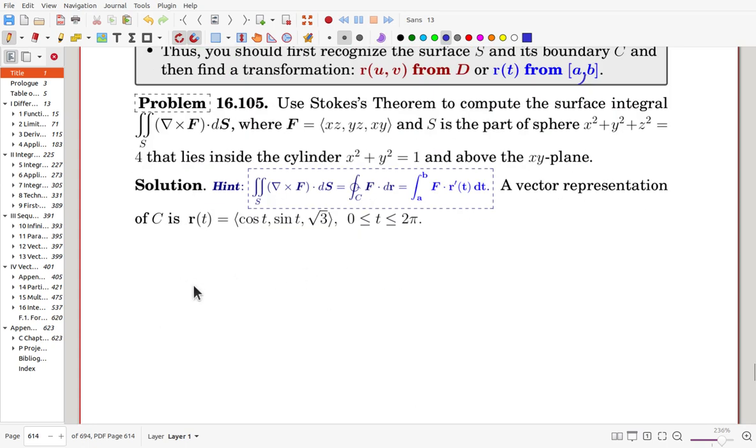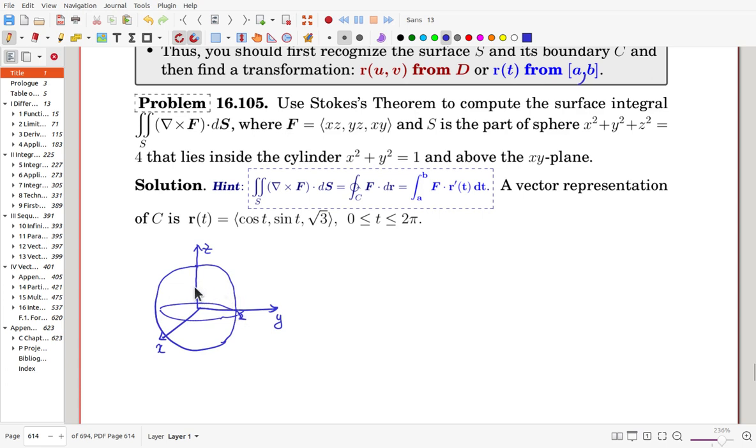Okay, let's try to visualize the surface. This is the rectangular coordinates x, y, z. Let's make the sphere, that is radius 2, like that.